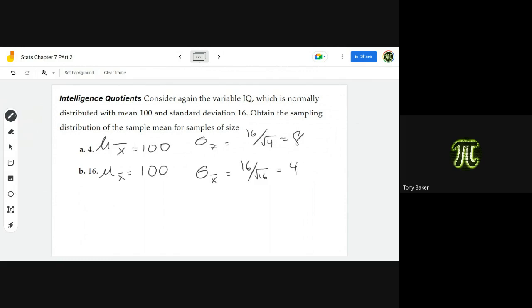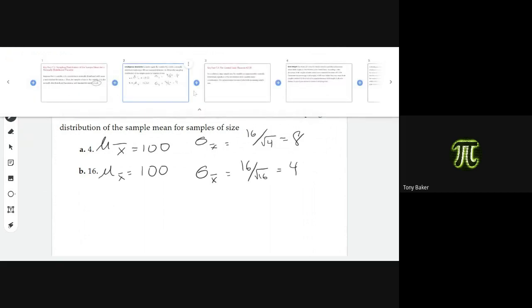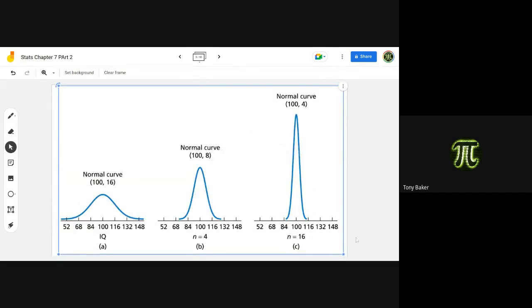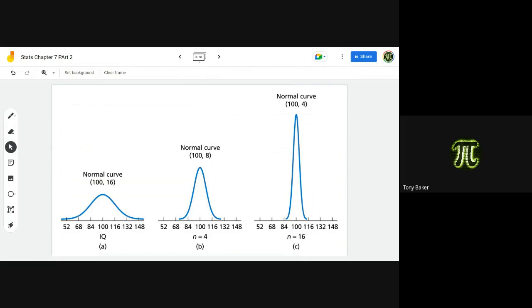So in essence, what we're looking at is this. I'll give everybody a chance to finish writing that down and then I'll show you. So if I just take a single person and I want to know where their IQ would fall on that curve, my mean is 100 and my standard deviation is 16.